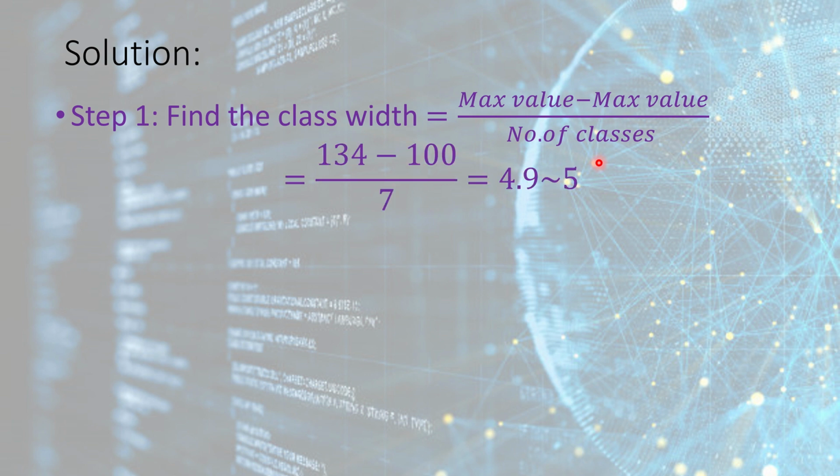In this specific case, the maximum value is 134, whereas the minimum value is what? That is 100. Let me do some correction here. This is minimum, it's not maximum.